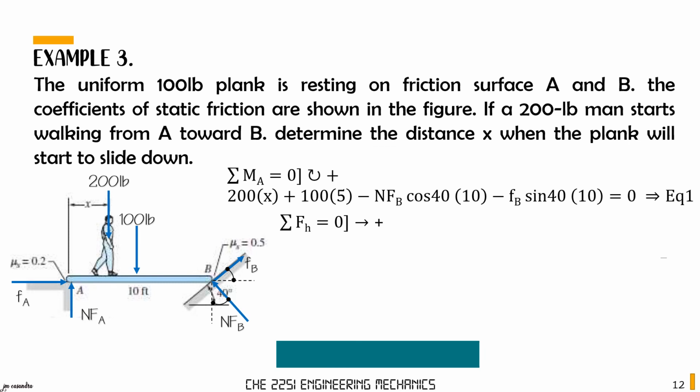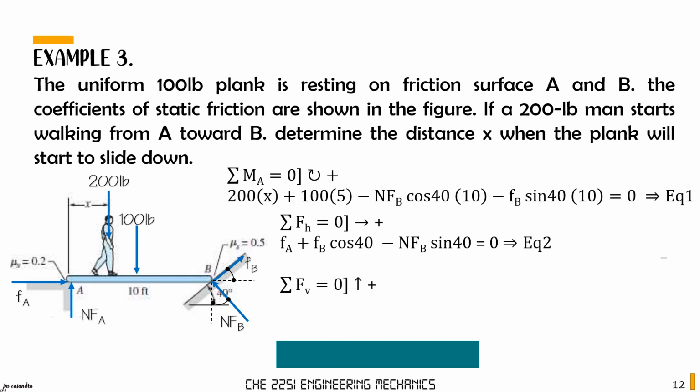So to solve for the other unknowns, we use summation of forces horizontal equal to 0. So we'll have FA plus horizontal FB, which is FB cosine 40, minus horizontal of NF at B, which is sine 40. So we have more unknowns, so we'll have equation 2.